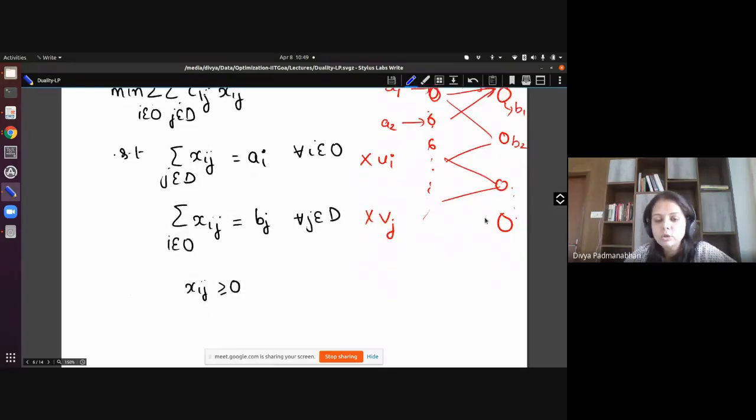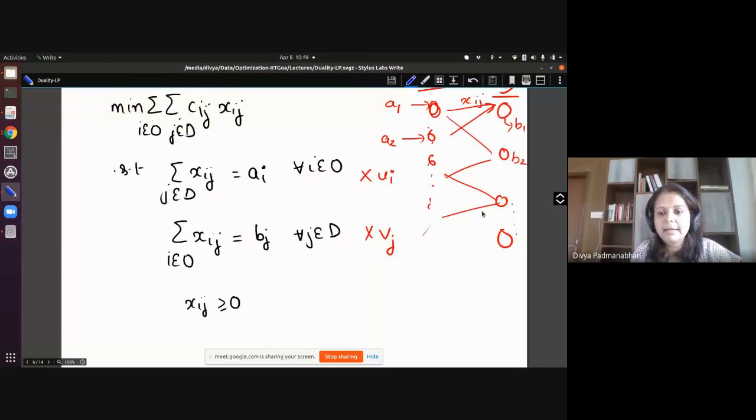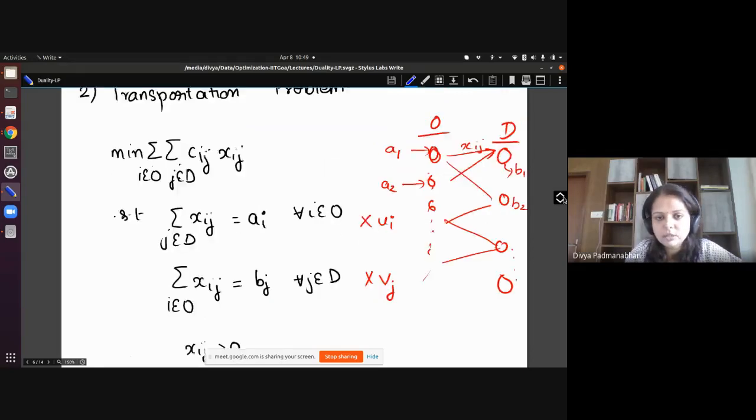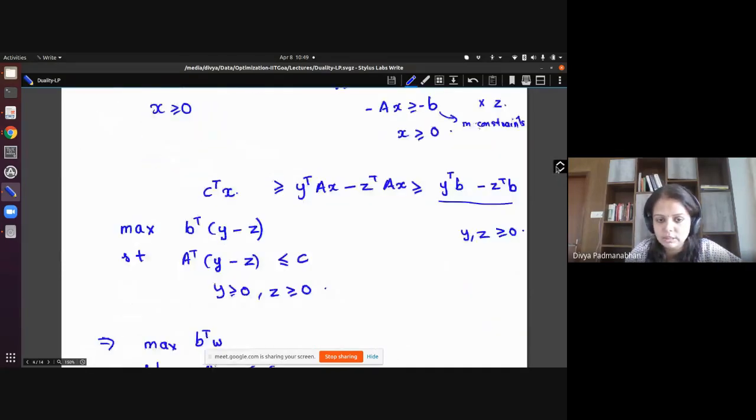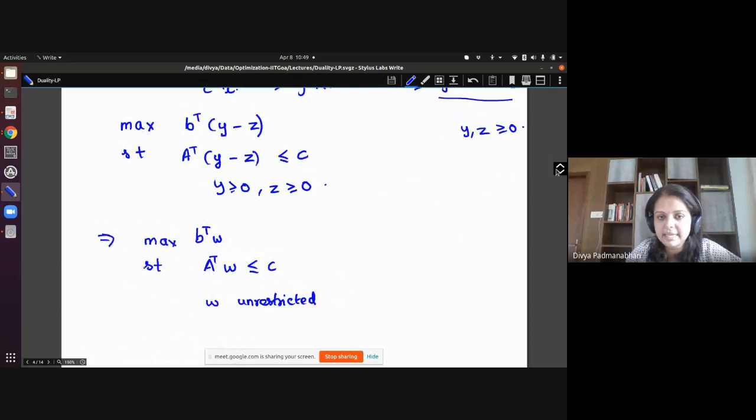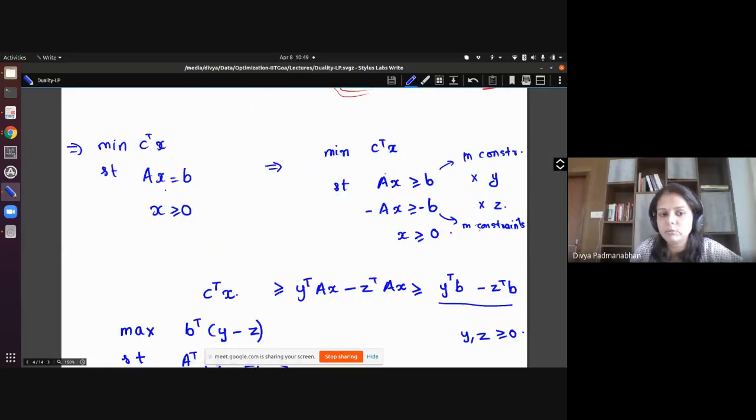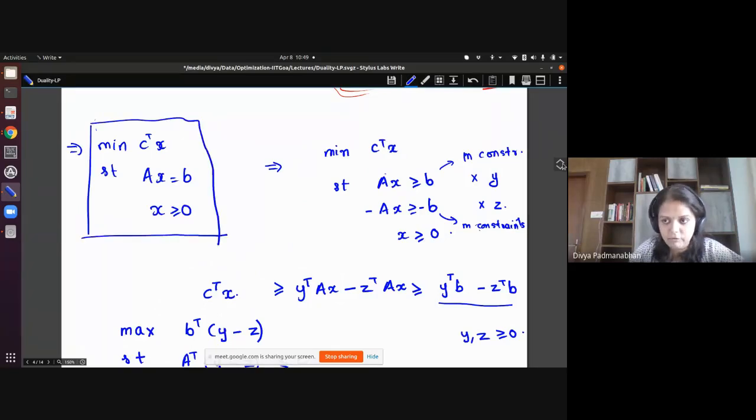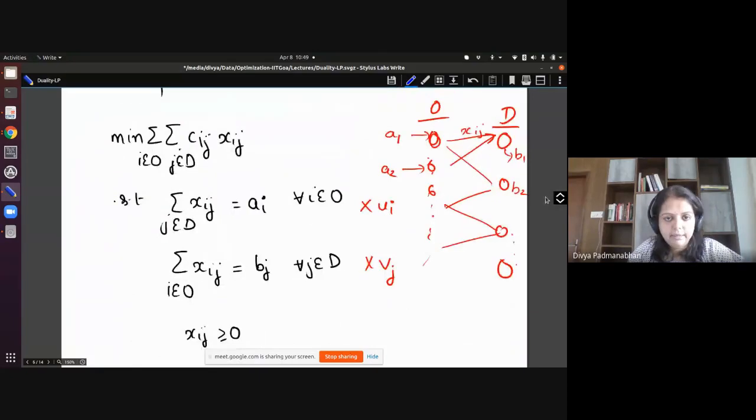Now we were going to take the dual here, and we started off by multiplying each of these origin constraints with UI, and each of these destination constraints with VJ. So now I'm just going to apply whatever we just wrote. It's exactly in this form: minimize C transpose X such that AX equals B, and X greater than or equal to 0.